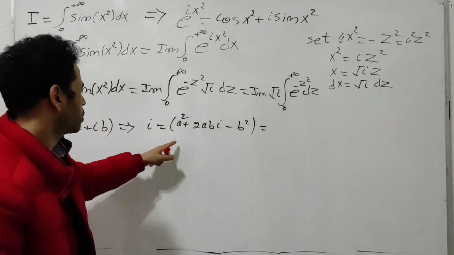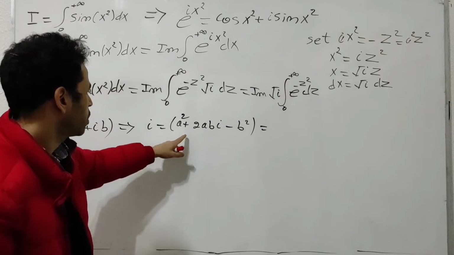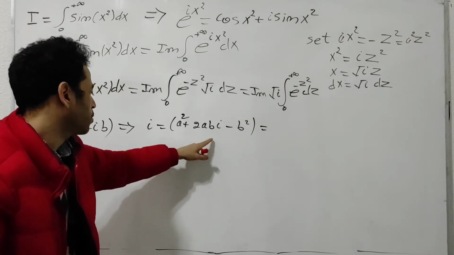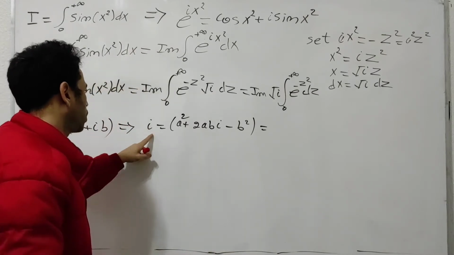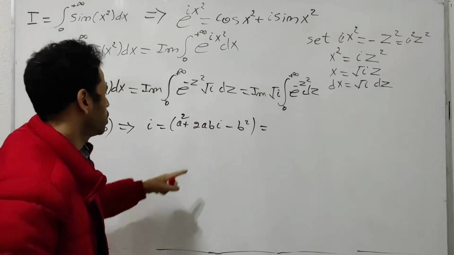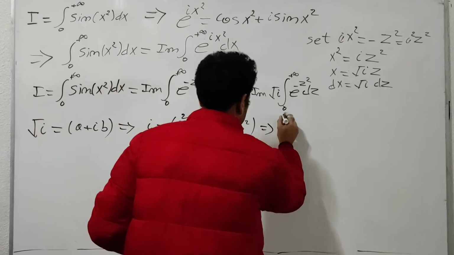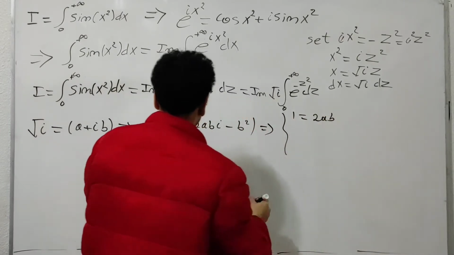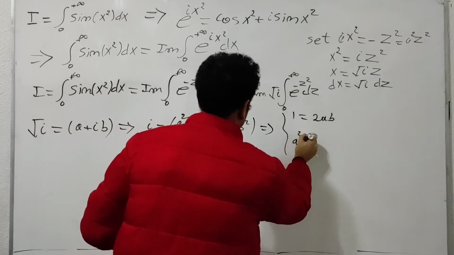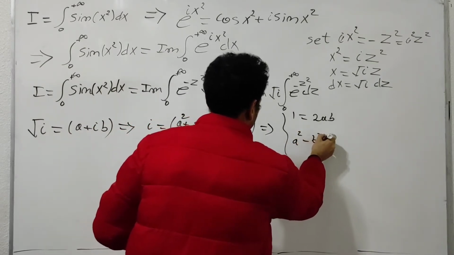By matching real with real, and imaginary with imaginary, I will get 1 equal to 2ab, which is 1 equal to ab. I will also get, as the real part, a squared minus b squared equal to 0.